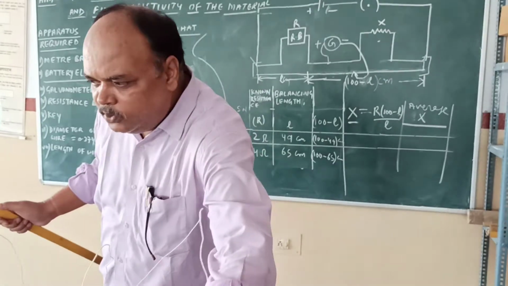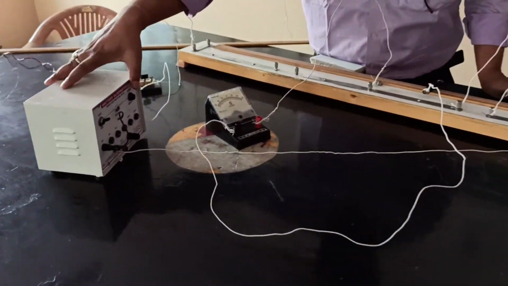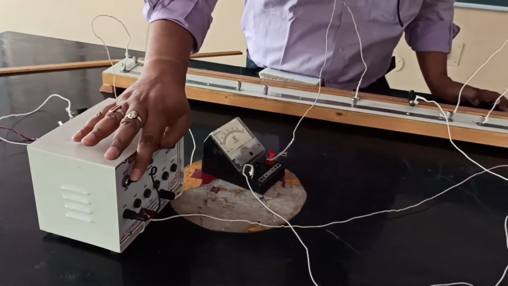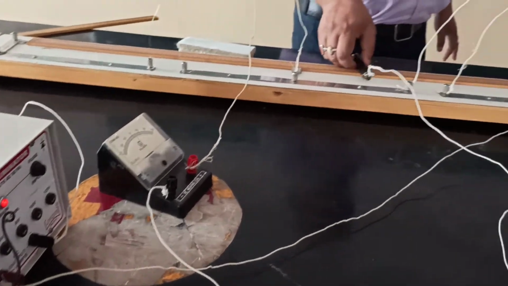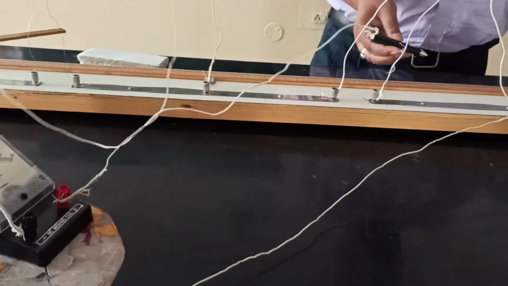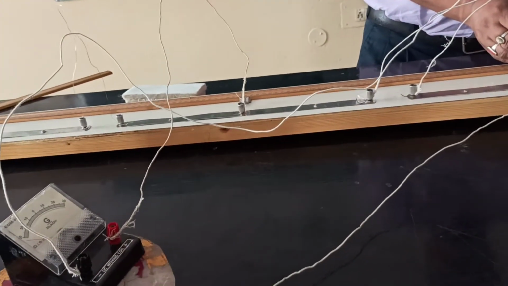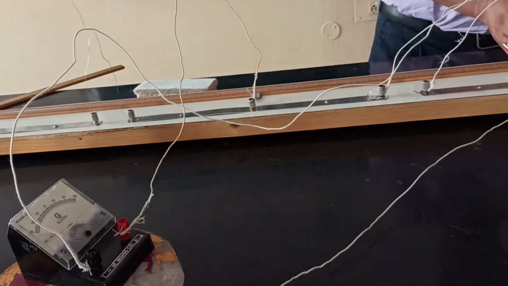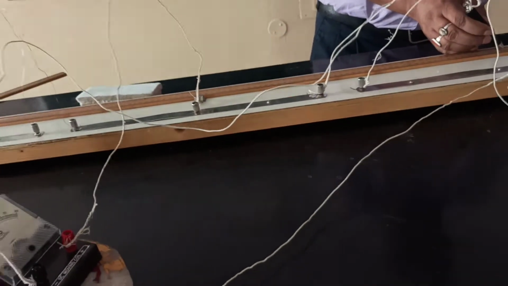Before starting the experiment, first of all, we will check whether our connections are correct or not. For this, we will put this jockey on the left side of the meter bridge, where you see the deflection in the galvanometer is leftward.